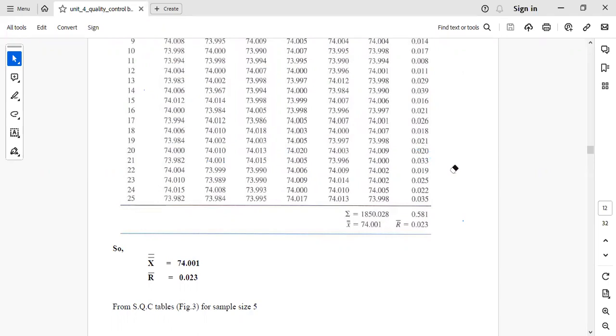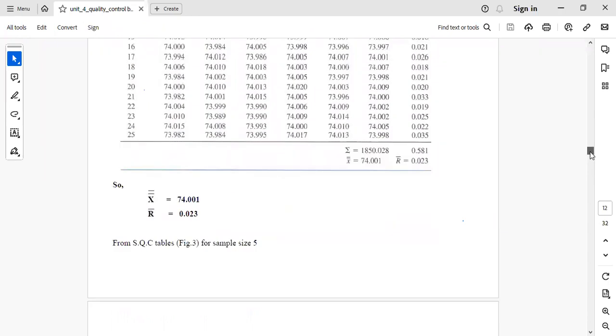Are you getting that? Yes, it's correct.